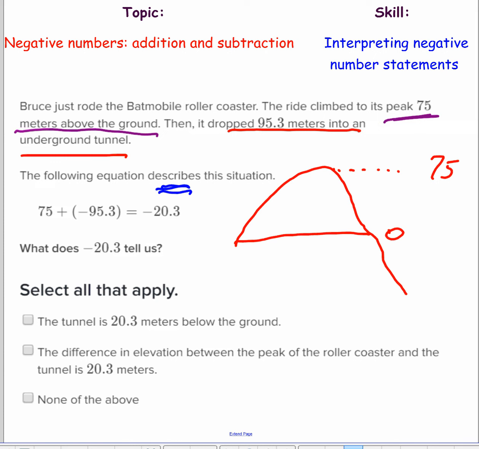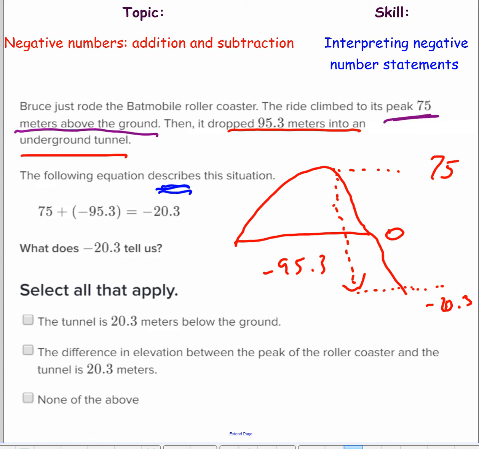And it drops, the height drop from the top to the bottom is 95.3. So it's an actual drop, so it goes down 95.3, which means you end up down here, right? That's the height of the tunnel, which is negative 20.3. Right? So, what does negative 20.3 tell us?